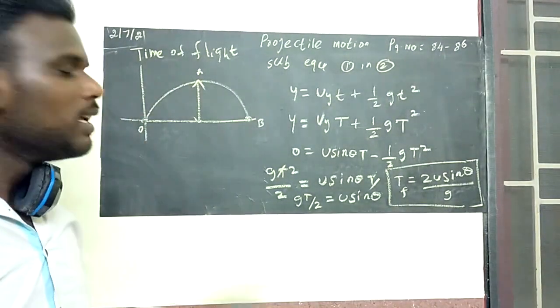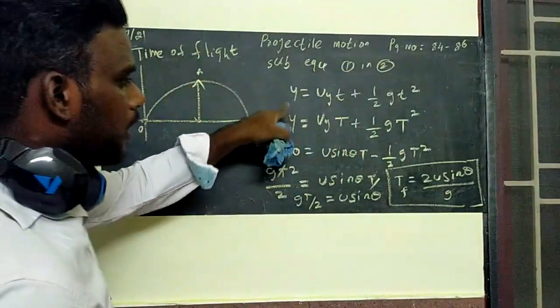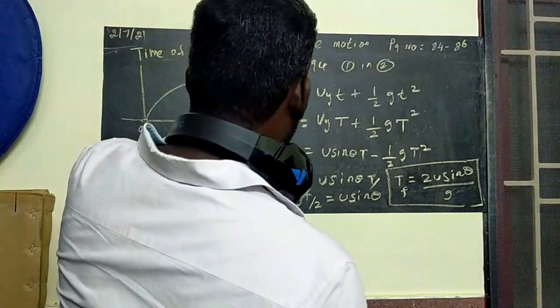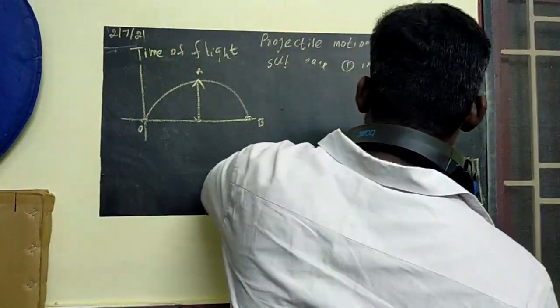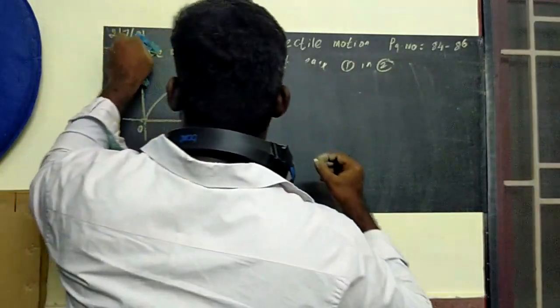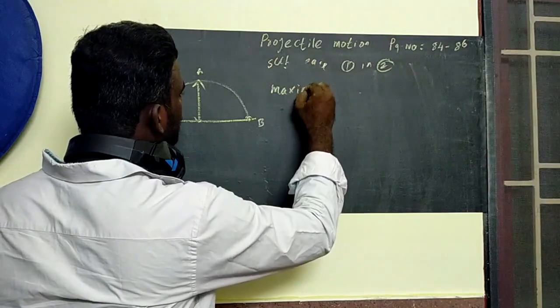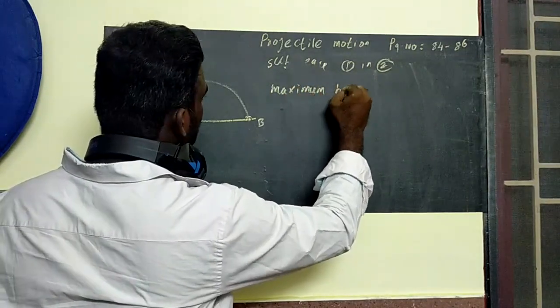The maximum height attained by the body, that is called the maximum height.